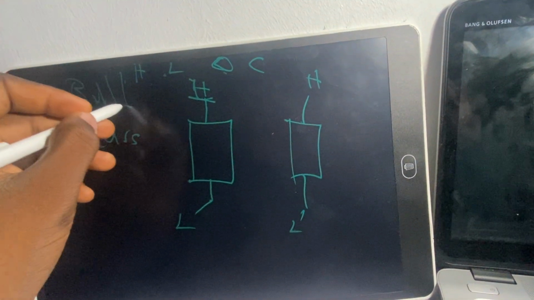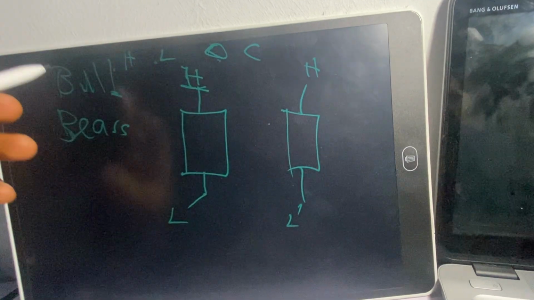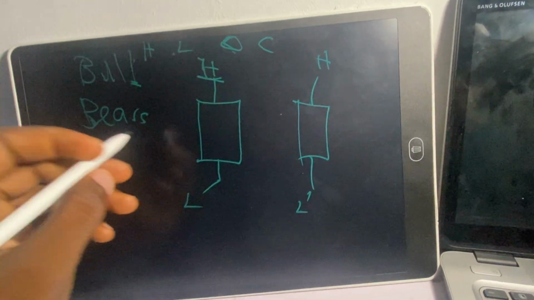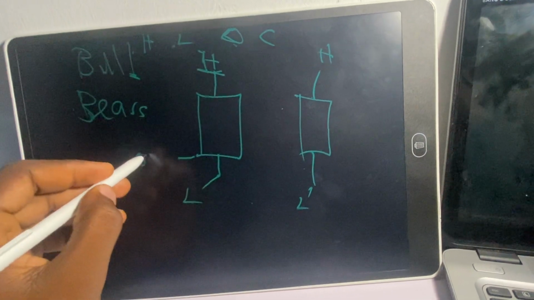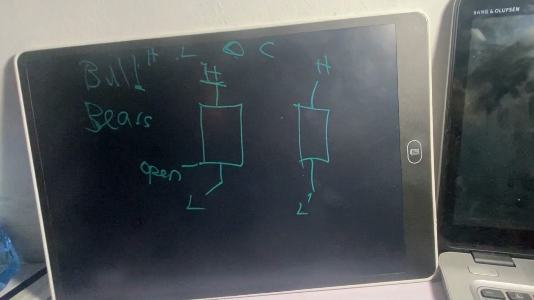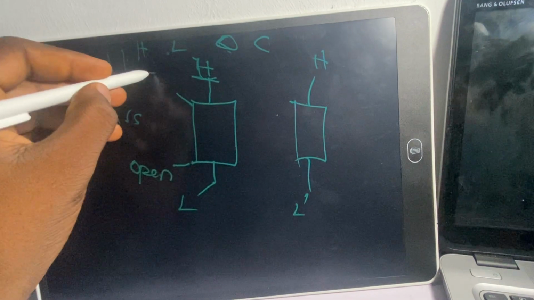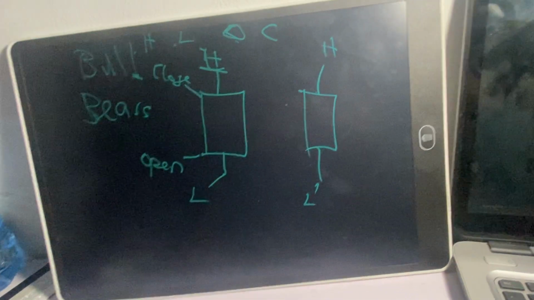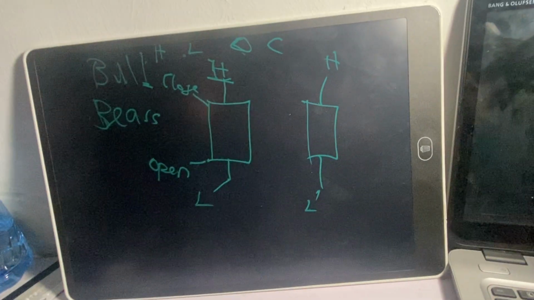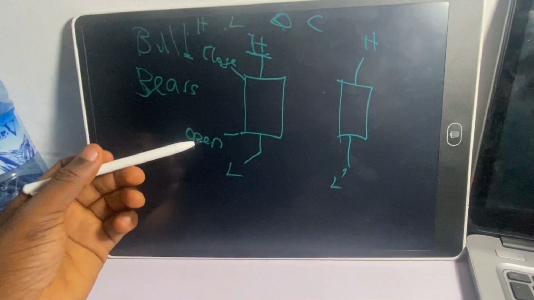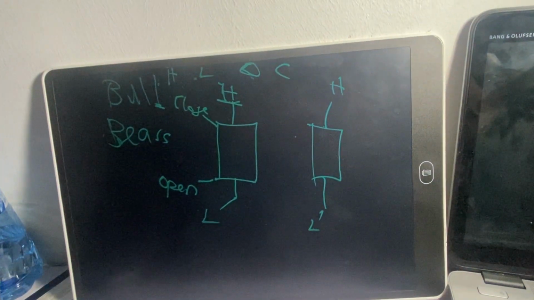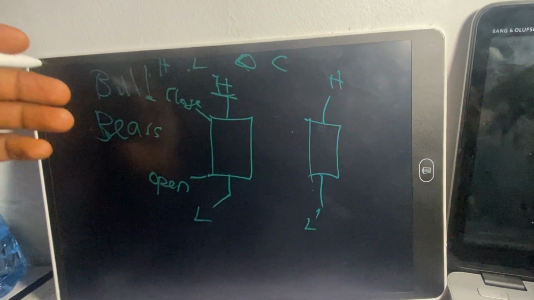You can say a candlestick is bullish, the candlestick belongs to the buyers, when the open price is below and the close price is above. It opens from below and closes above, which belongs to the buyers, the bulls.